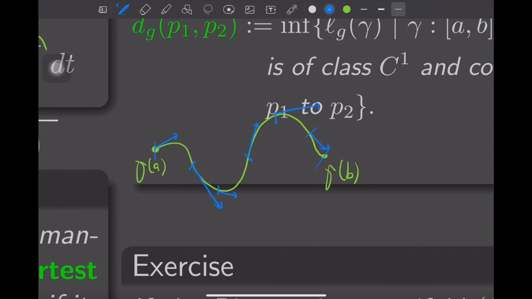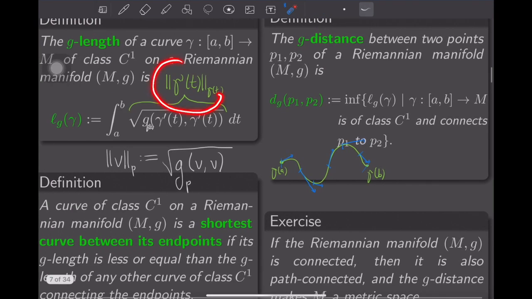Then measure each one, taking the corresponding norm of each vector.